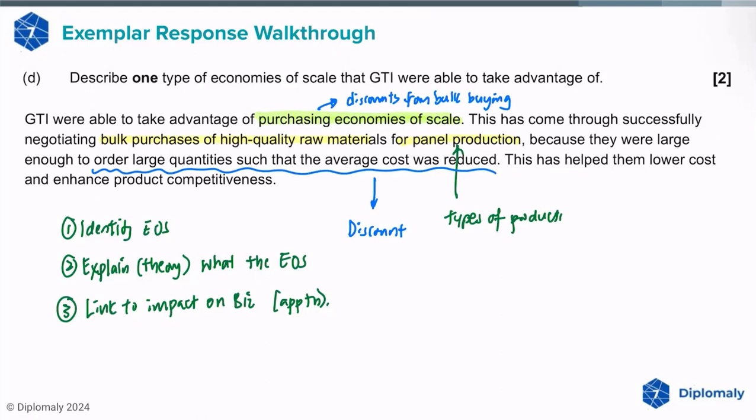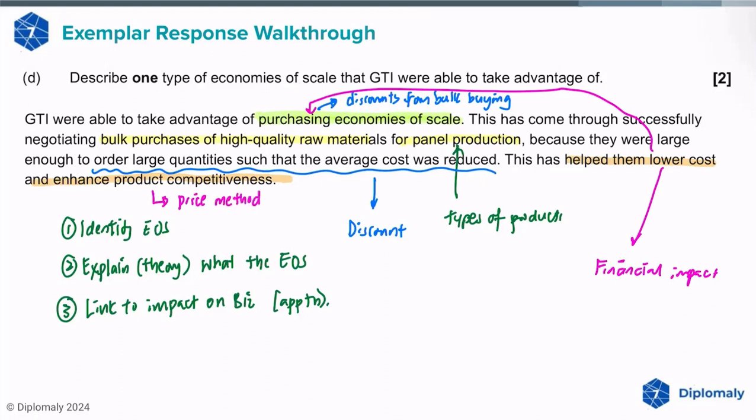And as you can see very clearly from the last sentence, it has helped them lower costs and enhance product competitiveness. This would be a financial impact that is a result of having purchasing economies of scale, right? And by having a lower cost to produce, it does allow the business to price their product more competitively because then, of course, they don't need to set a high price to recover the high cost of production.